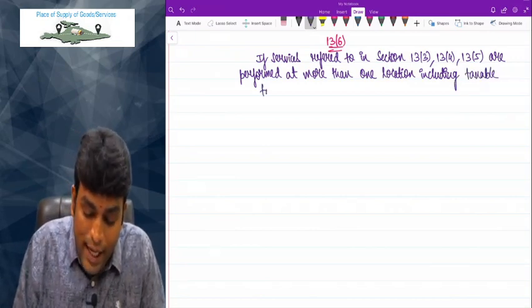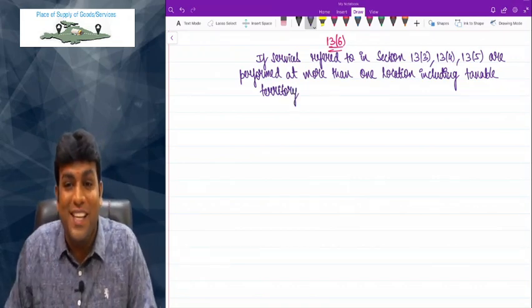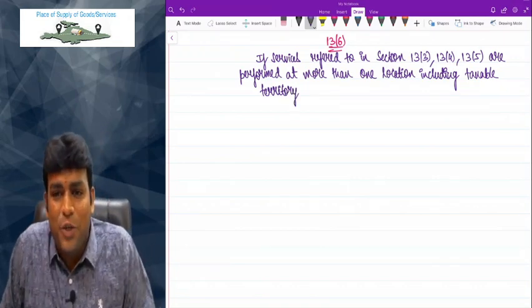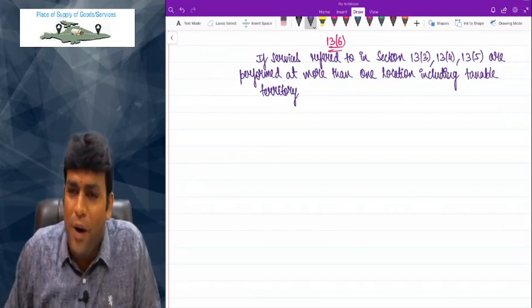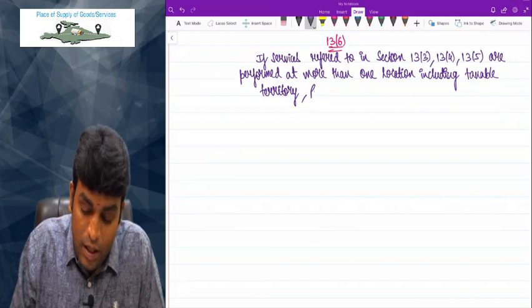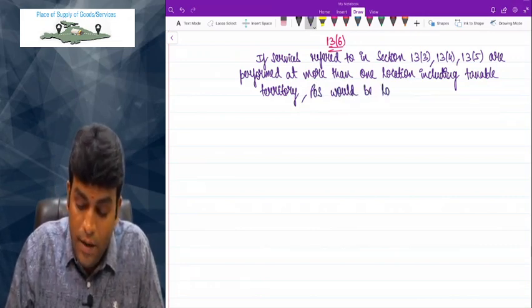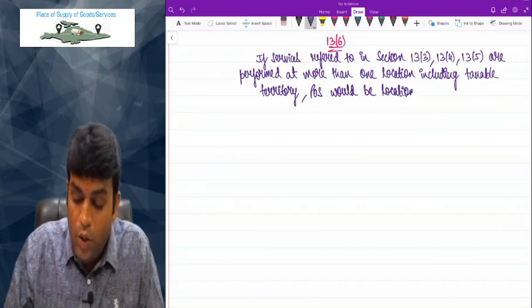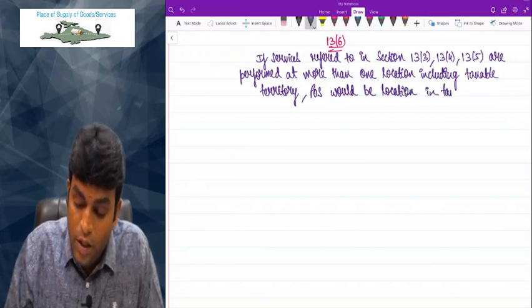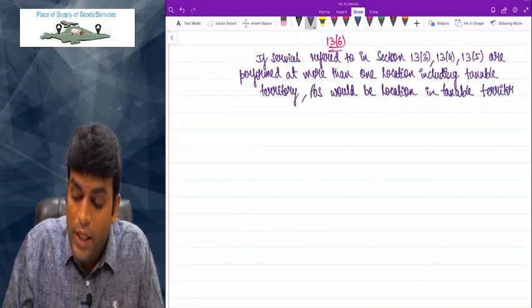Now what is the taxable territory? Taxable territory is nothing but India, obviously, sir. If services referred to in 3, 4, 5 are performed at more than one location, including taxable territory, then POS would be location in taxable territory. What does that mean?